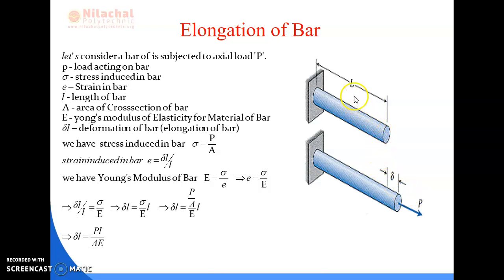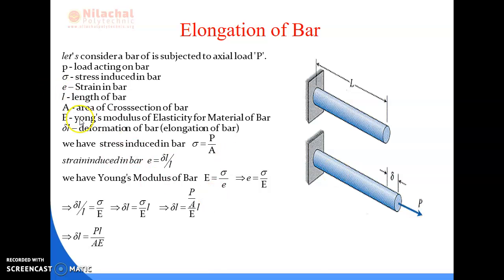Now by what amount? This is the original length. Some amount will be increased, that is del L. Now this change in length can be found out by using an expression. For that we have to remember that the load P is applied within the elastic limit.